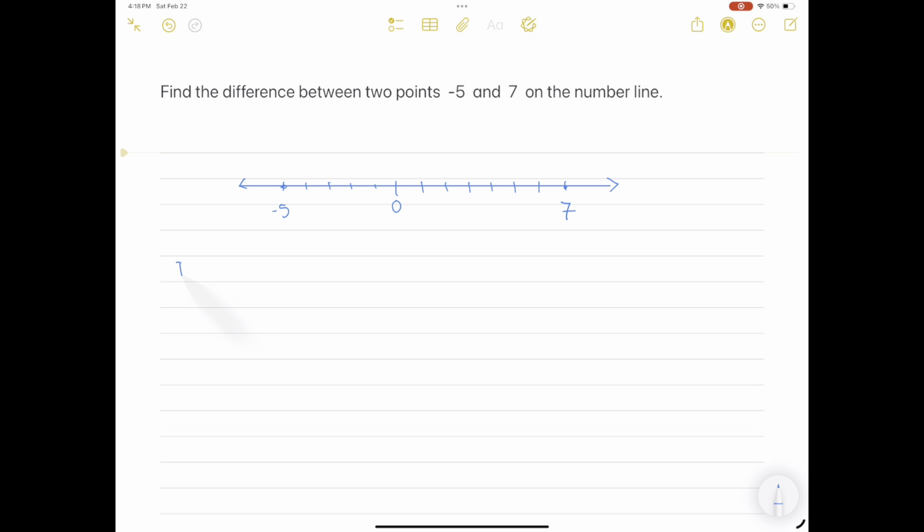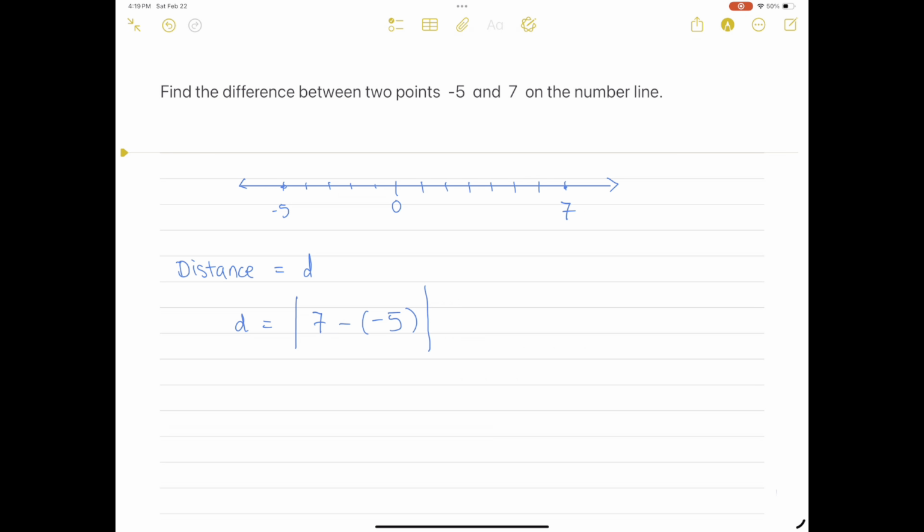Find the difference between 2 points, -5 and 7 on the number line. Start by drawing out the number line and labeling the points -5 and 7 so I can visualize clearly the problem I need to solve. So the distance between those 2 points would be an absolute value because the number will be positive.